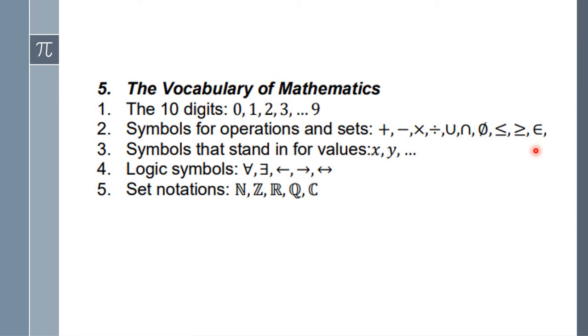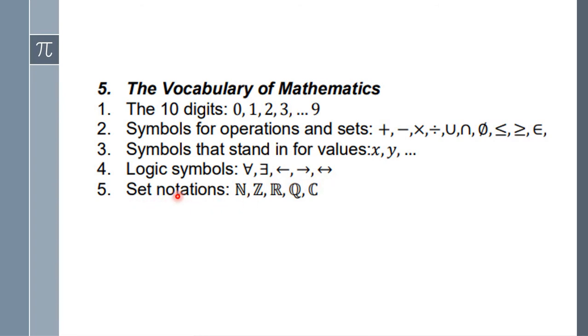There are still more of them that you have used. Symbols that stand in for values, so we can have some of the letters in the alphabet. Logic symbols, and the set notations.